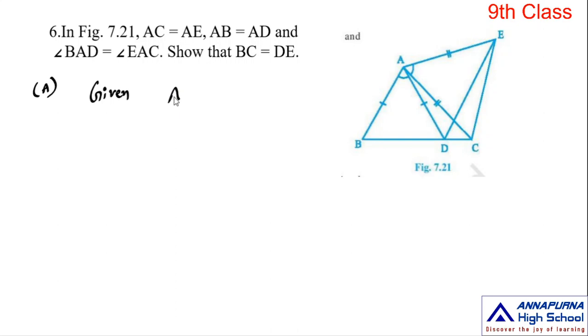Given AC is equal to AE and AB is equal to AD, and angle BAD is equal to angle EAC.